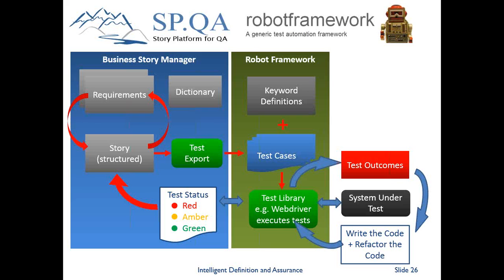Okay, so what we can now do, and demonstrate using free services and products, is how you can capture requirements, stories, scenarios, automated tests, and provide that traceability from tests back to requirements.